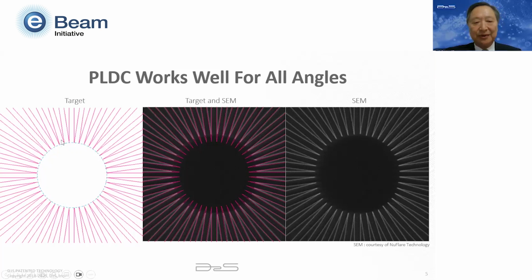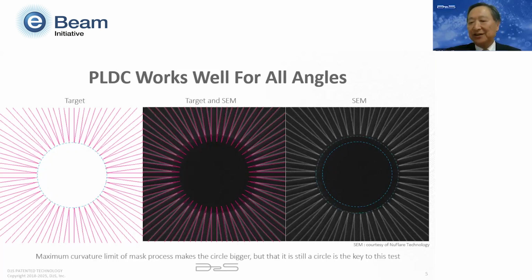This target shape has a circular inner thing, right? The ends of the points are supposed to be a circle. If you draw that exact circle on the right side, you get that. It's not quite reaching that, right? The question with PLDC or any MPC applied to this kind of a shape is, okay, it's impossible to reach the middle circle.